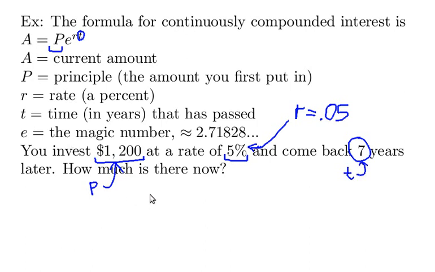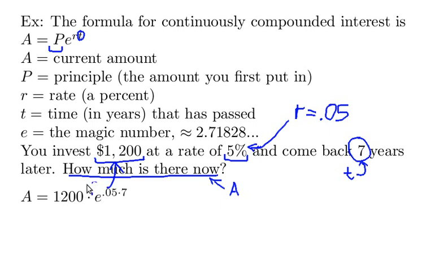So if we want to find out the current amount, how much is there now, we plug it into this formula. So we'll have A equals, and we'll put in P. P is going to be 1200, so 1200 times e to the power of 0.05 times 7.